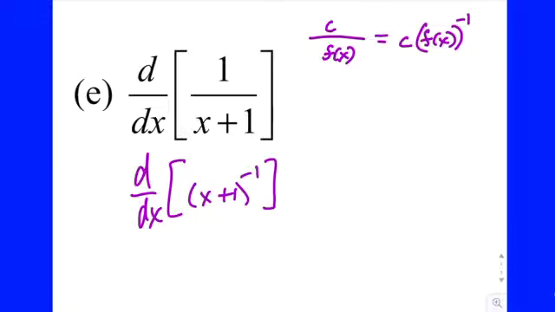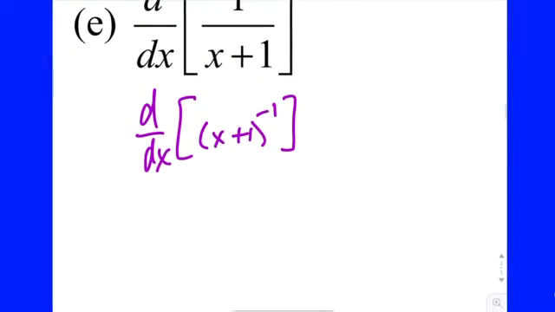And now because I have the quantity to the negative power, there's no way to expand that. It's not just x to the negative first, it's x plus 1. So that's a composite function. So this is the chain rule. So the outside function is blob to the negative first. By the power rule, that's negative 1 times blob to the negative second power.